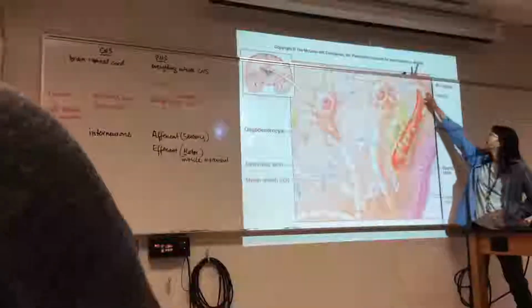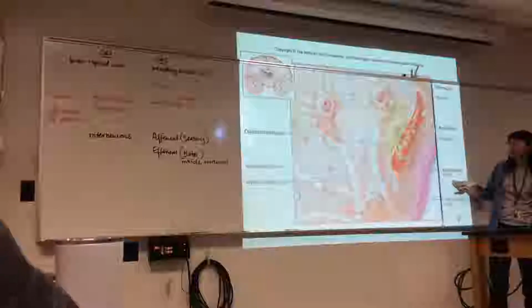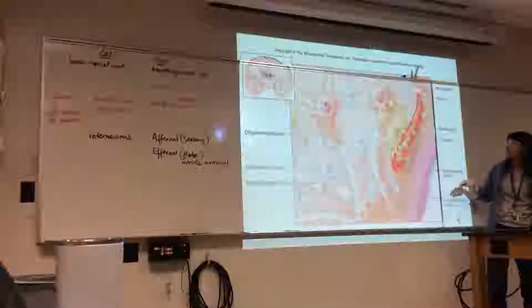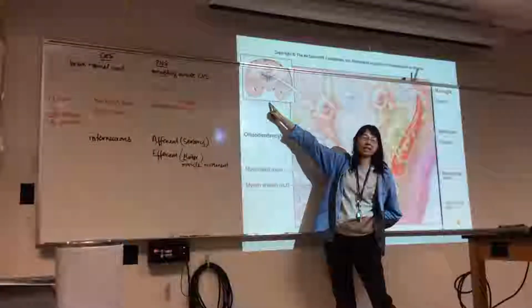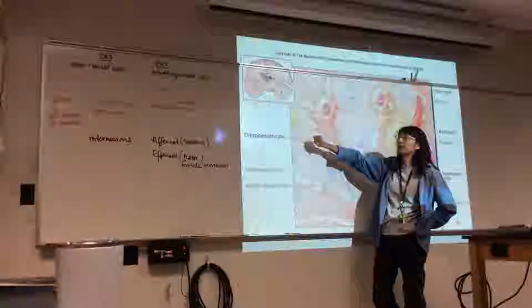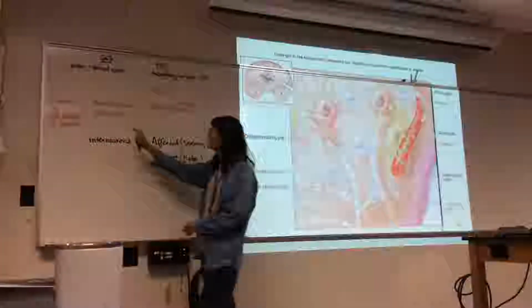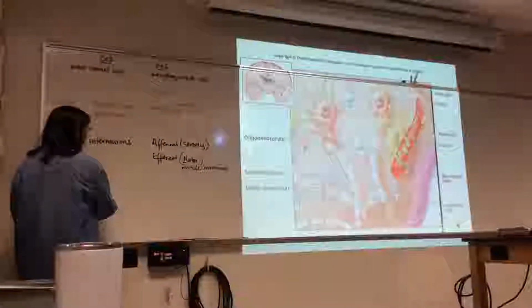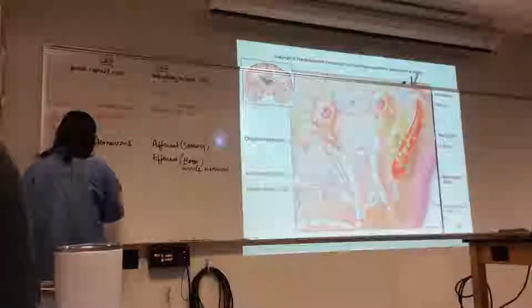Oligo, micro, astrocyte, and ependymal cells. Now notice, where are we? You guys recognize this picture? The brain. So are we CNS or PNS? CNS. Okay, so I'm going to list them here. We have neuroglia, which are oligodendrocyte.